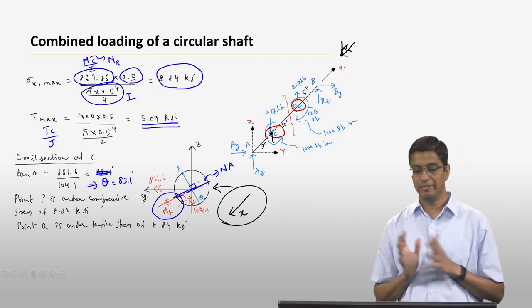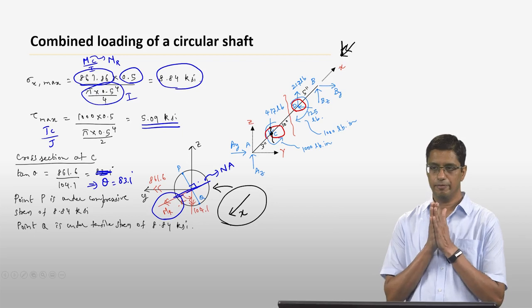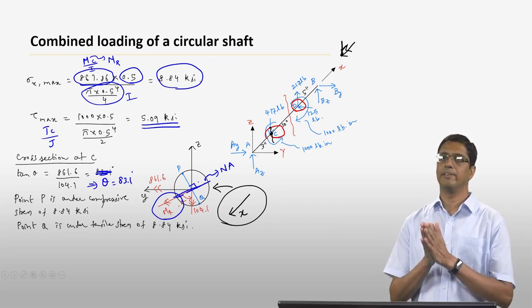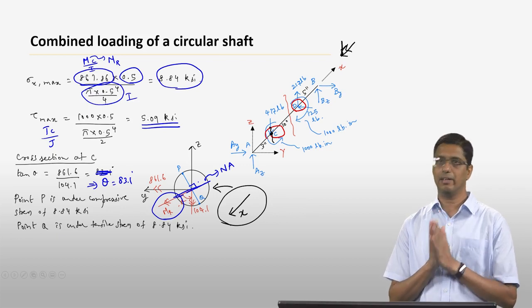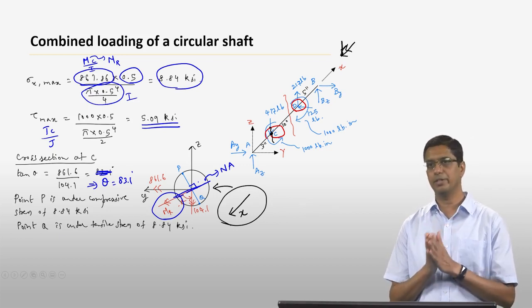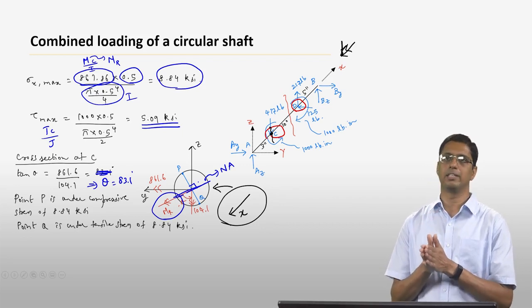Effectively, if you look at this problem, we first narrowed down where the resultant bending moment is maximum. Then we figured out where the resultant or internal torque is maximum. It so happens that at location C, you have the maximum internal torque and also maximum resultant bending moment.